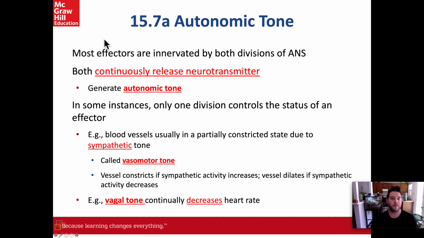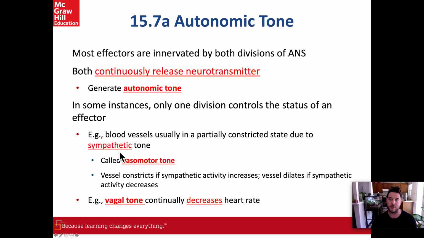Okay, autonomic tone. Most effectors are innervated by both divisions of the autonomic nervous system. They're both going to be continuously releasing neurotransmitter to generate this autonomic tone and to keep us in that homeostatic balance, that even place. In some instances, only one division will control the status of an effector.